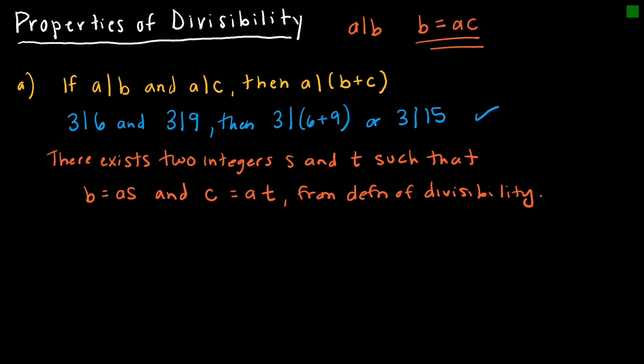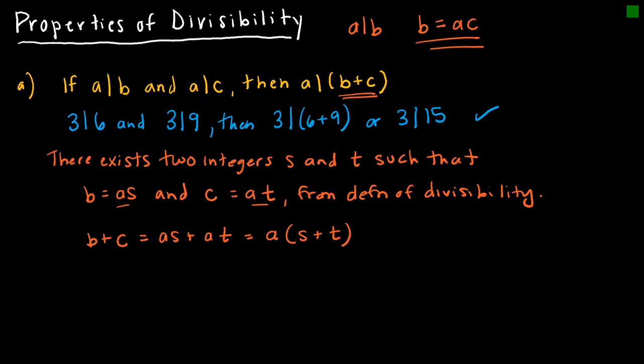Now we look at b plus c. I can say that b plus c is equal to as plus at, by substitution. Mathematically, I can factor out the value of a, so I have a times s plus t.